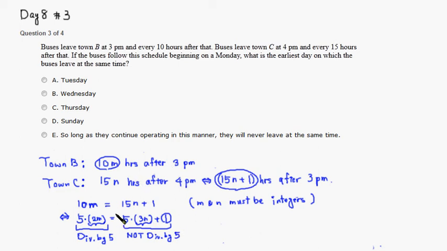So this is not possible because the same number, because it says that they are the same, is divisible by 5 and not divisible by 5 at the same time. That just cannot happen. So therefore, there is no such time where the two buses leave at the same time. All right? So therefore, our answer is E. Right? That's it. I hope that this was clear.